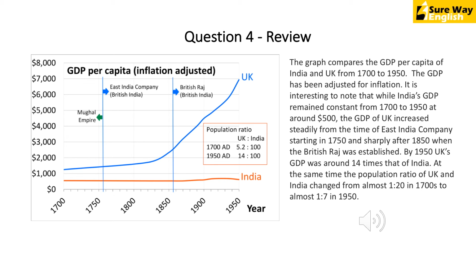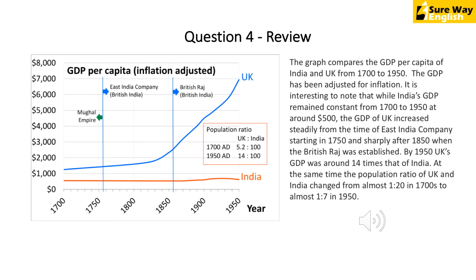You look at what's at the y-axis. At the horizontal and the vertical lines, so that what exactly is the graph trying to say. So it's year versus dollars. So that's why you say the graph compares the GDP per capita of India and UK from 1700 to 1950, and that the GDP has been adjusted for inflation.